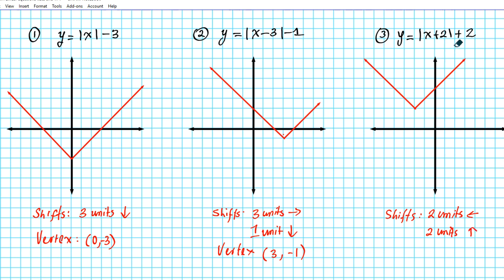Remember, you have x minus h plus k. That minus h means you always do the opposite. That takes us to the vertex (-2, 2), since we're going 2 units to the left and 2 units up. And then you just draw your V function. And there you have your absolute value functions.